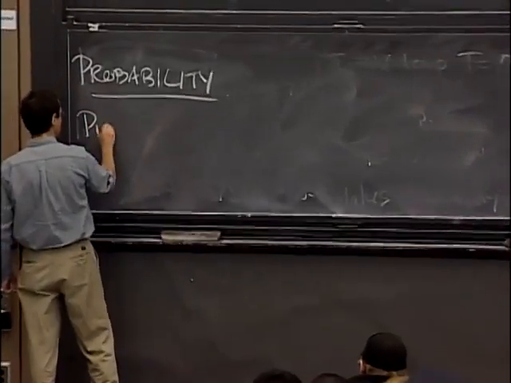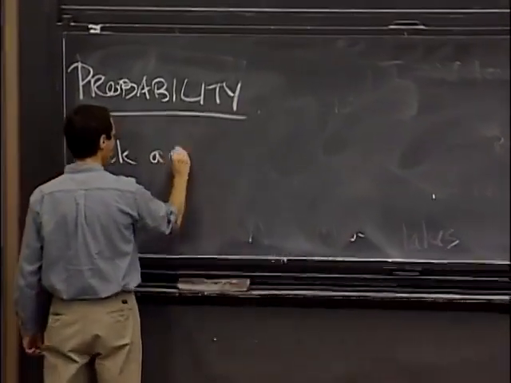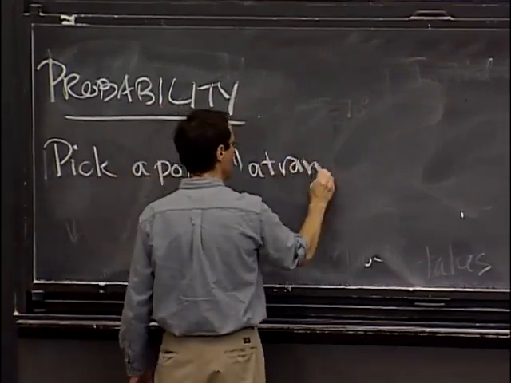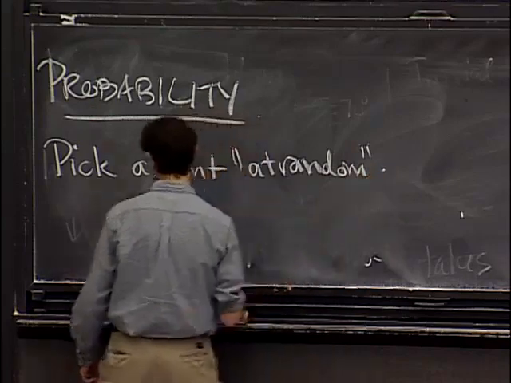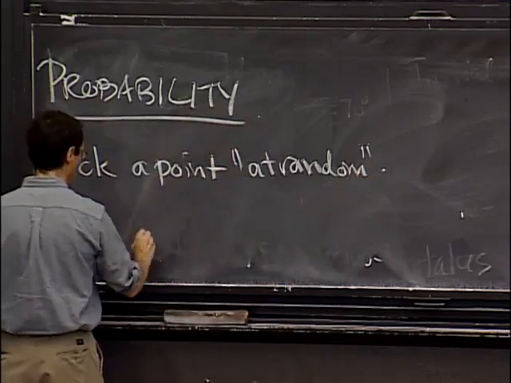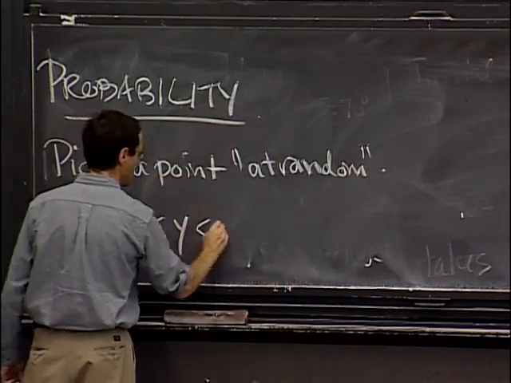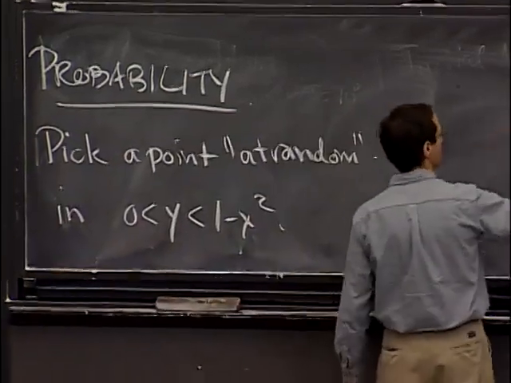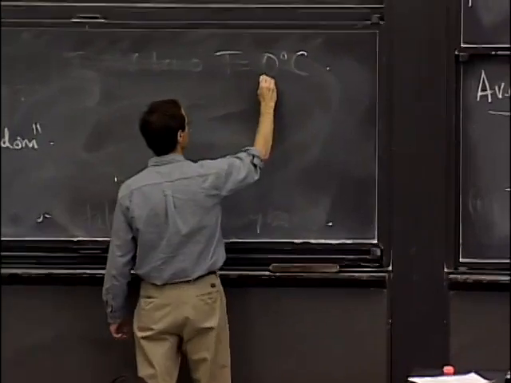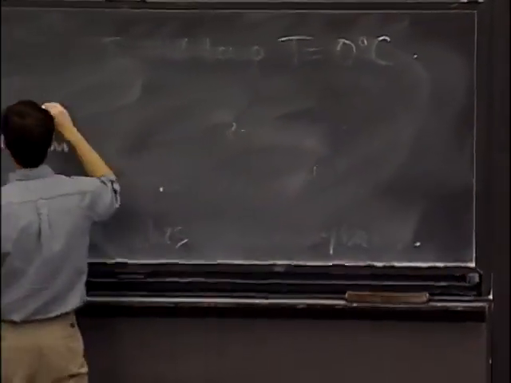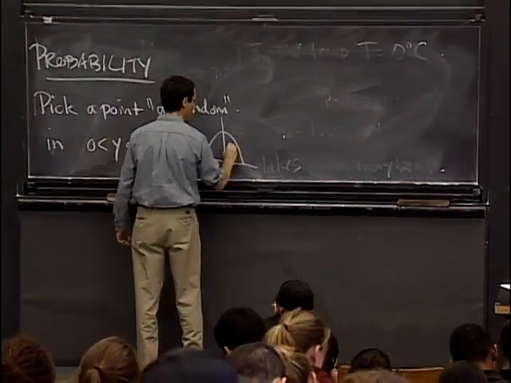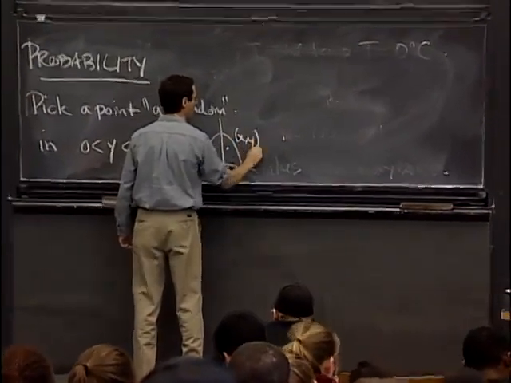I'm going to pick a point, in quotation marks, at random in the region y less than x less than 1 minus x squared. That's this shape here. Well, let's draw it right down here for now. So somewhere in here, some point x comma y.